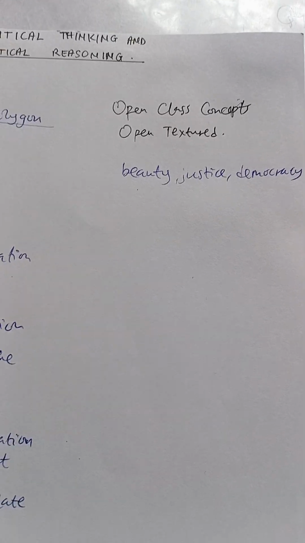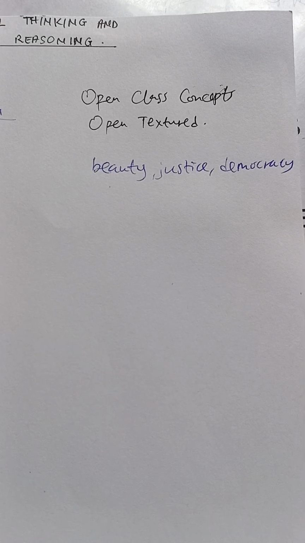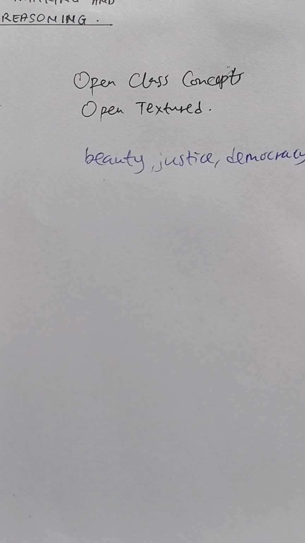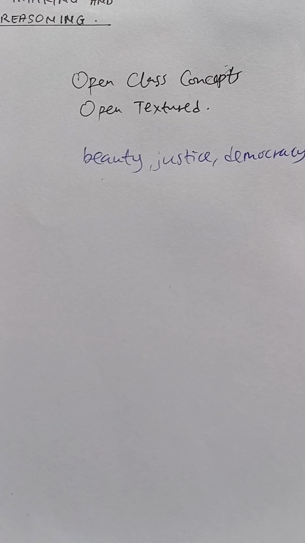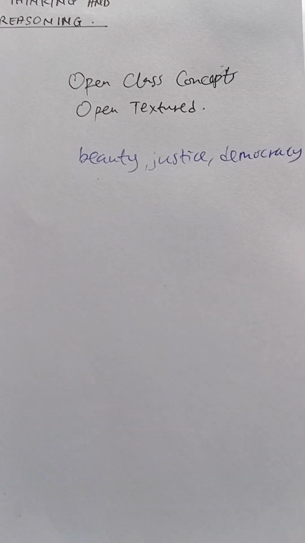So that is what open class concepts, or open textured concepts, are about. They are very debatable or contestable. So they work in terms of circumstance. Over here, you are all going to express different viewpoints. When I mention democracy, some will say, oh, rule by the people. Some will say for the people, a whole lot of things.